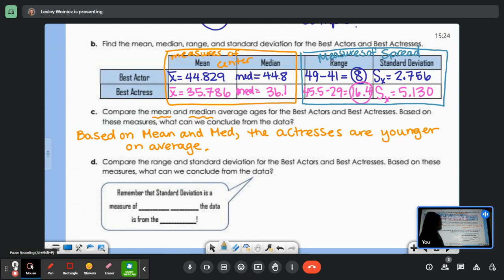All right, let's fill in the bubble while you think. Remember that standard deviation is a measure of how far the data is from the mean.